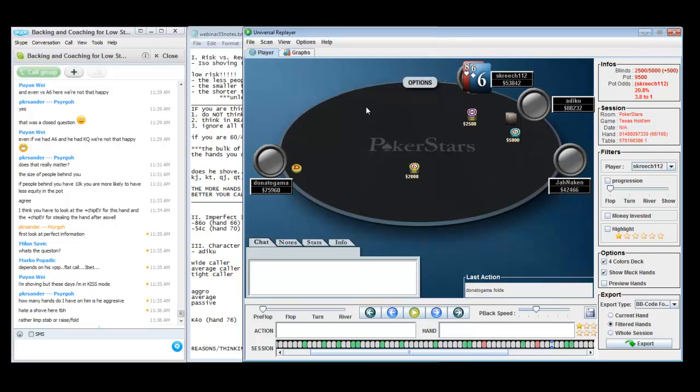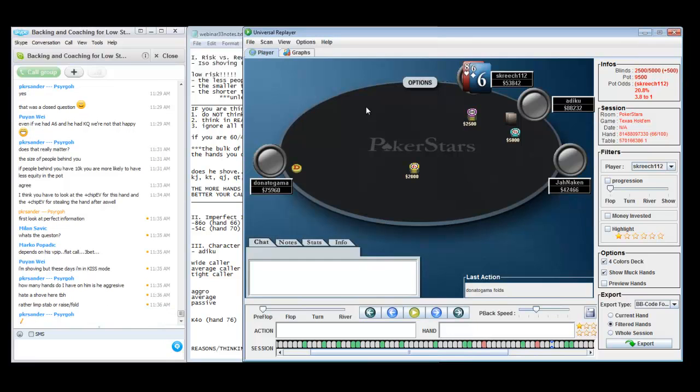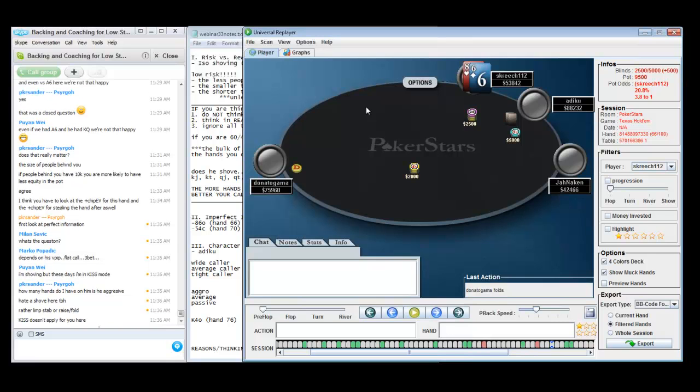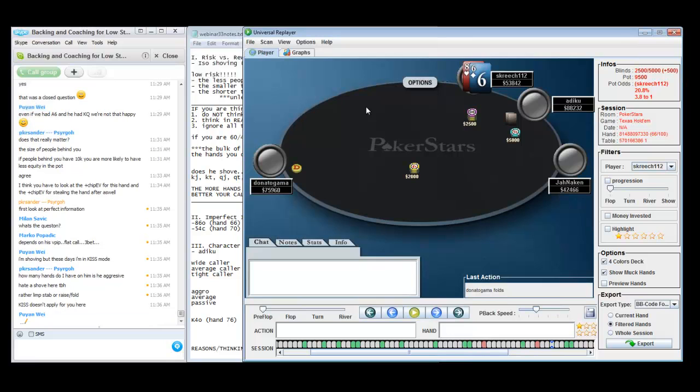So we got a hate the shove. We got a Puyon saying, keep it simple, stupid, shove. Marco says it depends. Sanders says rather limp, stab, or raise fold.